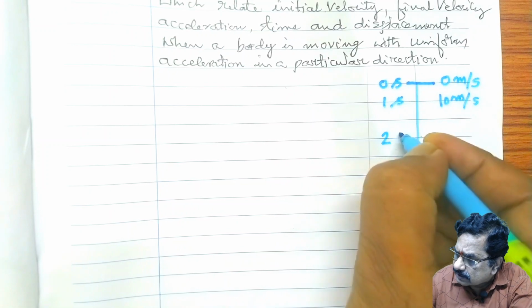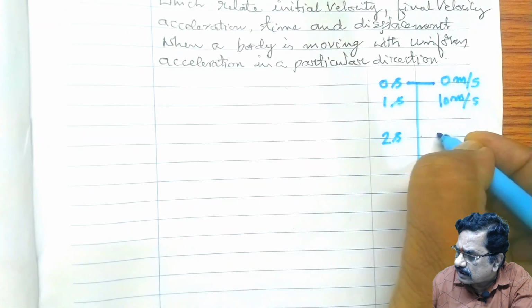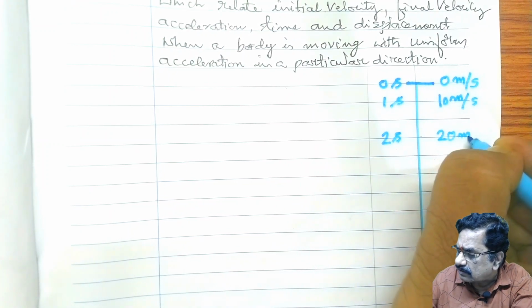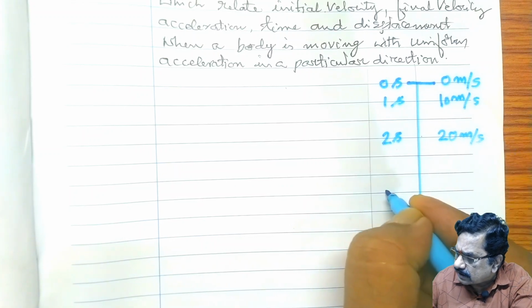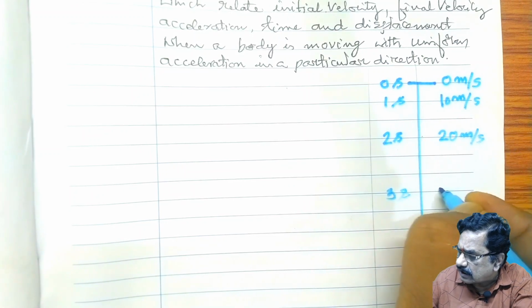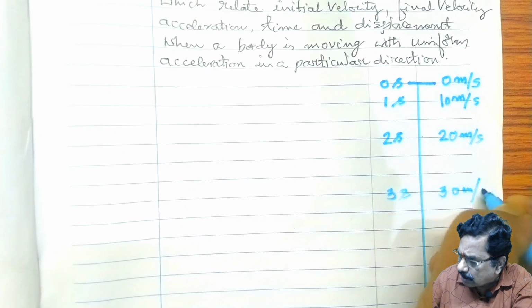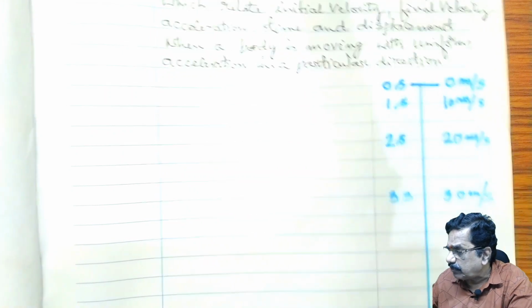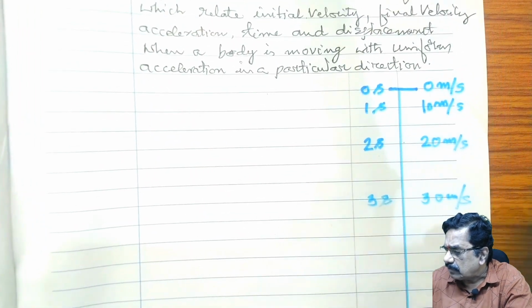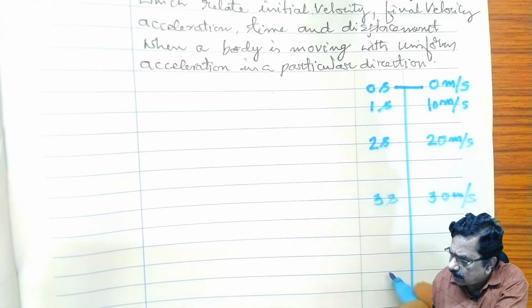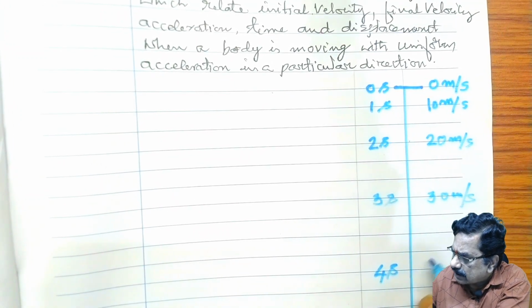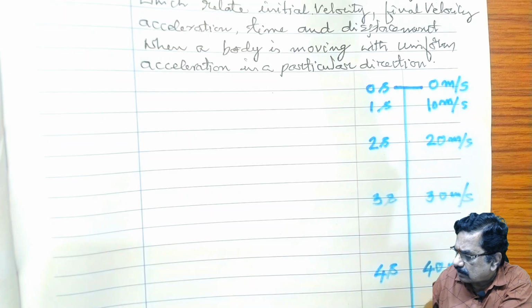After 2 seconds, let us say its velocity is increased to 20 meter per second. After 3 seconds, its velocity has become 30 meter per second, an increase of 10 meter per second. After 4 seconds, it has become 40 meter per second.